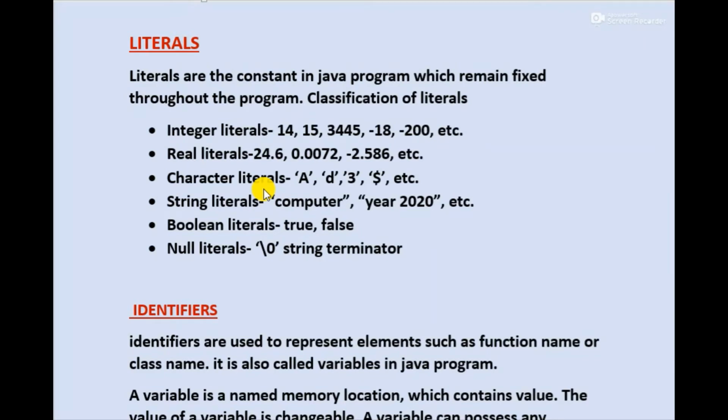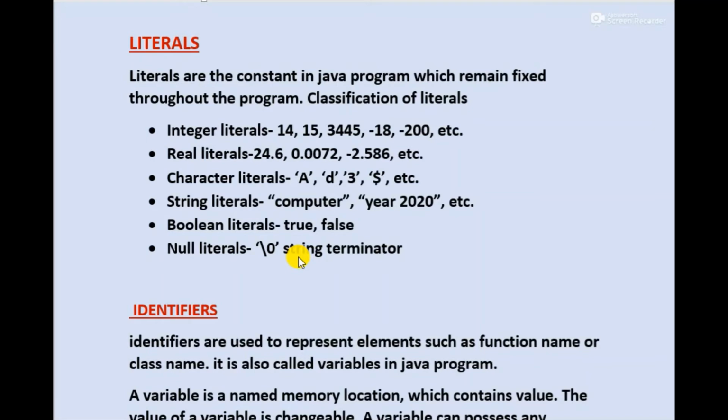Each character constant will be enclosed within a single quote. Whenever we are using any character literal in our Java program, that will be enclosed within a single quote. As well as we can use any alphabet, or we can use the number as a character literal.